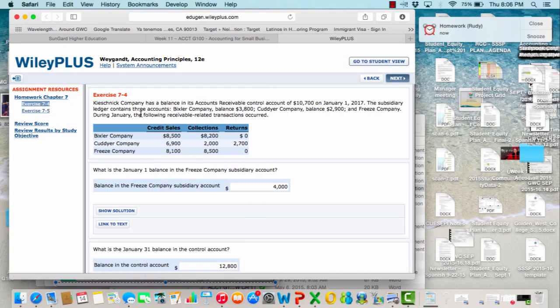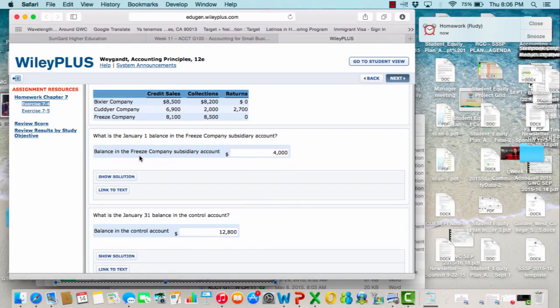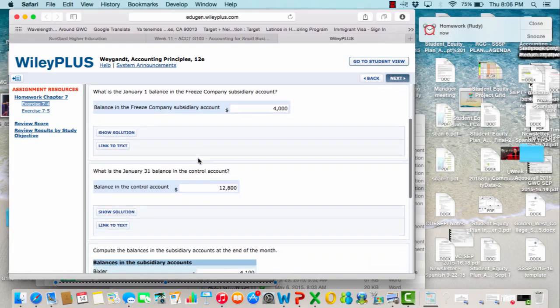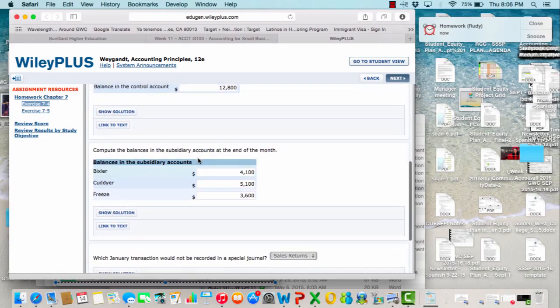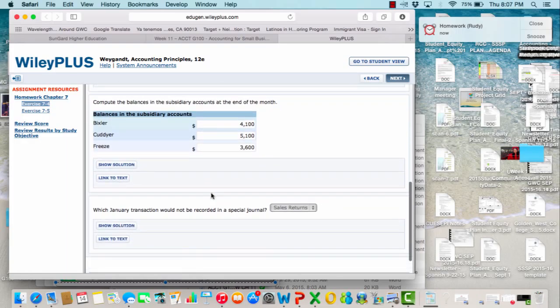It's giving you the balances on the accounts receivable account on a certain date, and it's telling you how much each company has for the beginning balances. Then it tells you what happens during the month in terms of credit sales, collections, and returns. It's going to ask you for the balance of one company, the balance of the control account, and to compute the balances for each company at the end of the month.